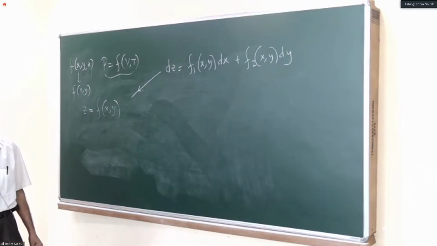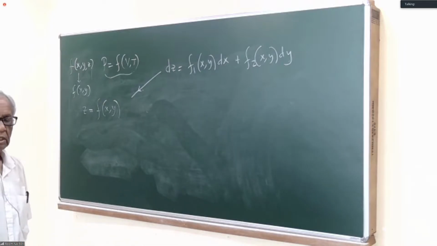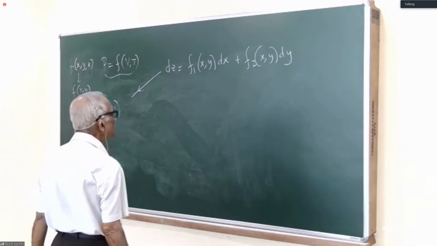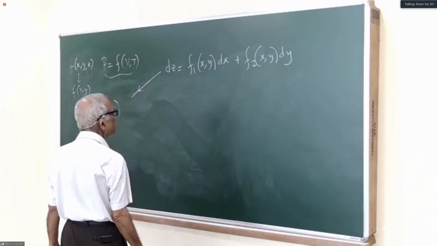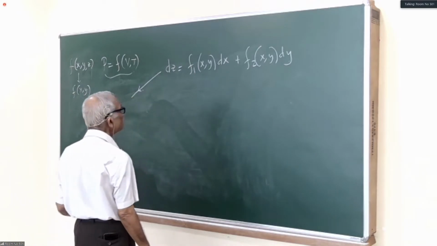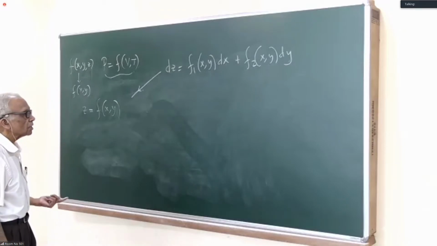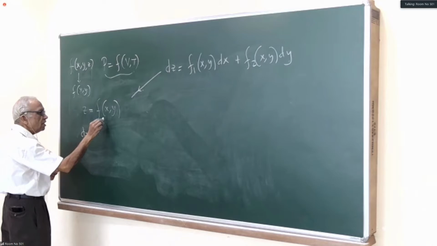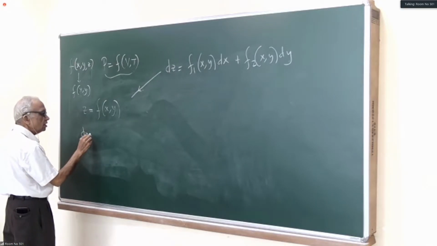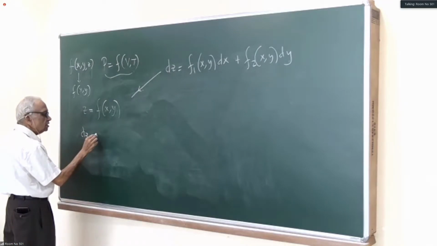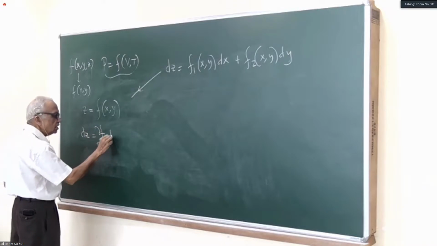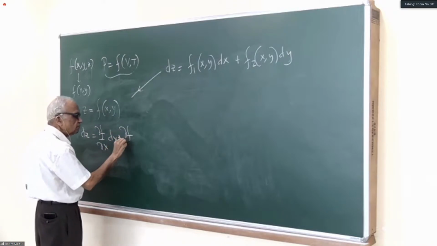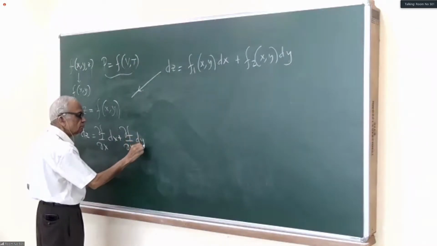Now your life is going to be extremely complicated, because z equal to f of x,y told me that dz is equal to del f del x dx plus del f del y dy.